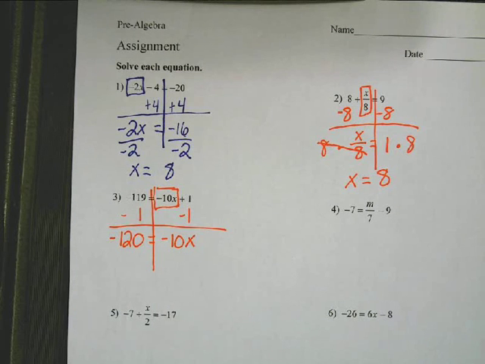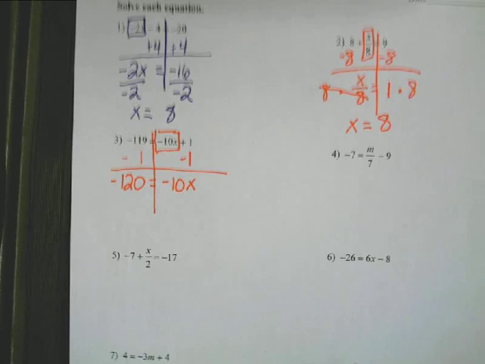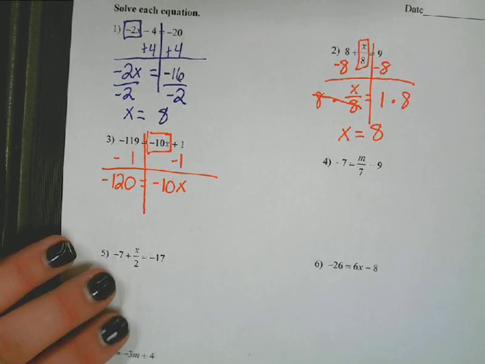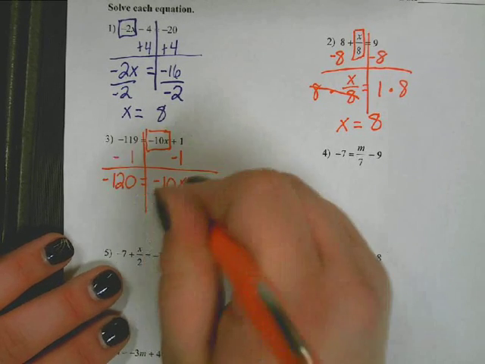Notice with these equations, it is extremely important to make sure everything is lined up correctly. Otherwise, you're not going to get the answer. You should have all the work shown that I'm writing up here also. So now I've got negative 120 equals negative 10x. What do I need to do now? Divide by negative 10.